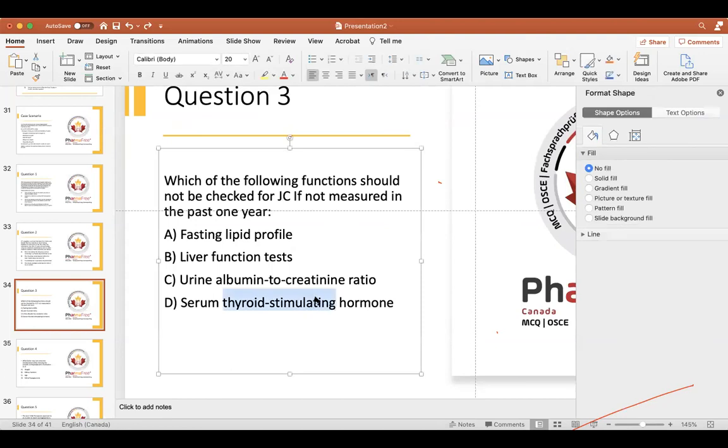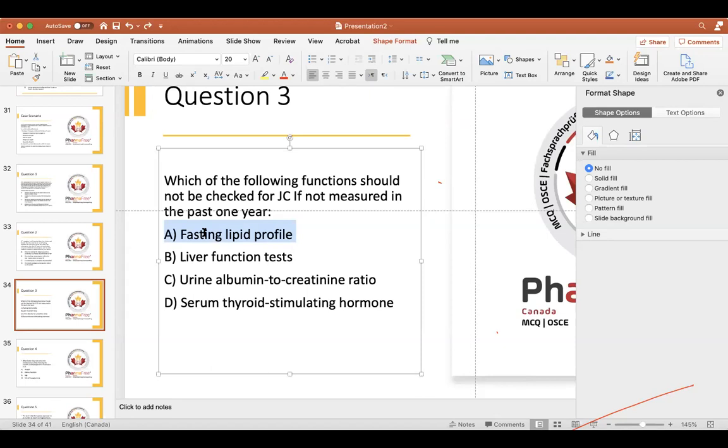Here we have which one we don't need to measure. Fasting lipid profile. Yes, we have to measure fasting lipid profile. Why? Because the patient is taking heart therapy. Heart therapy can cause dyslipidemia or hypercholesteremia, hypertriglyceridemia, and cholesteremia in some patients.